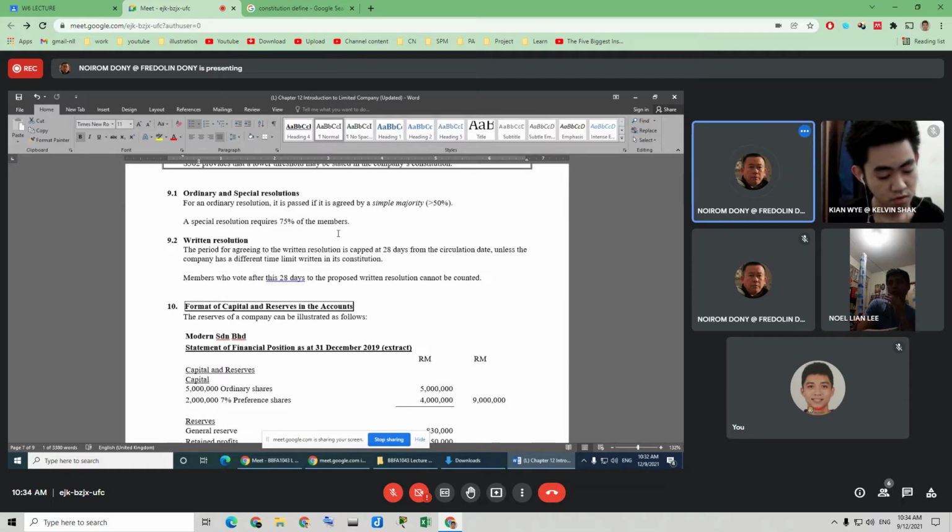So the decision to remove that managing director will not be continued. They will not execute the removal because they did not manage to get the special resolution, which is 75%.